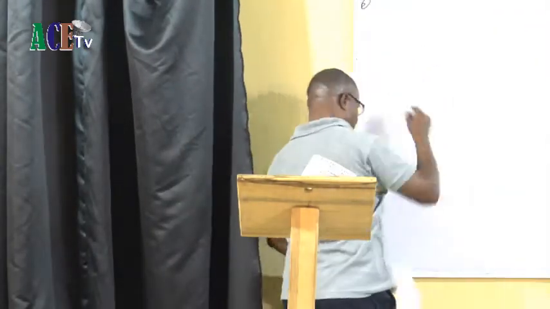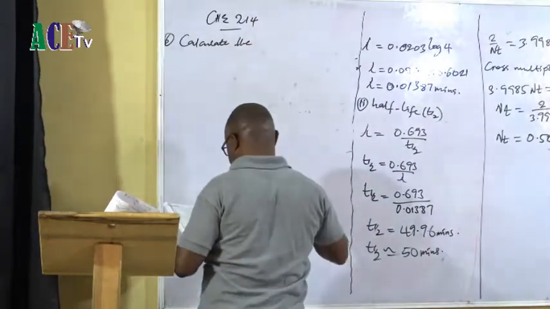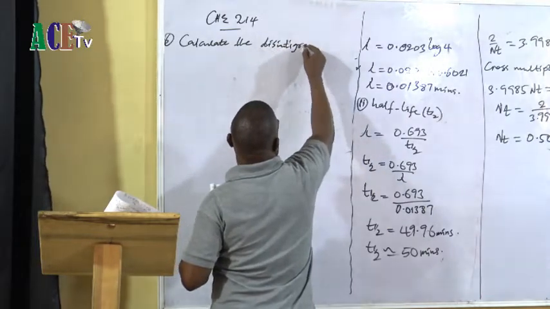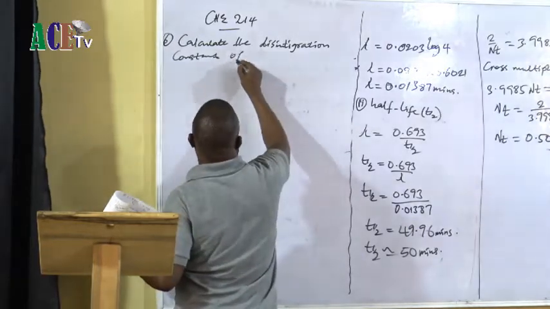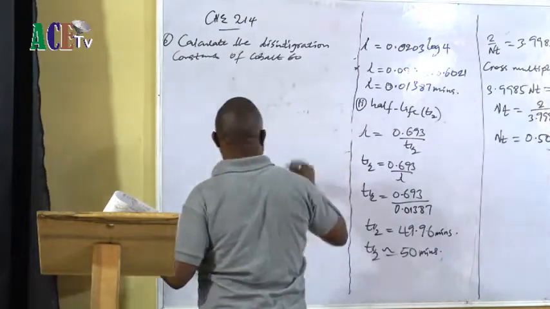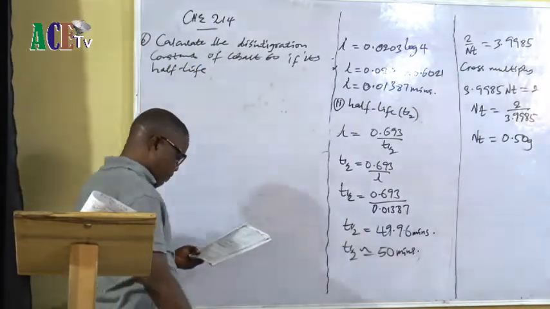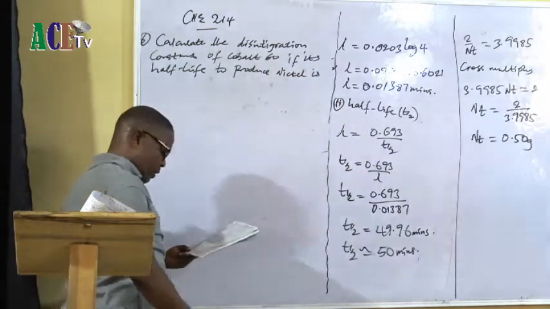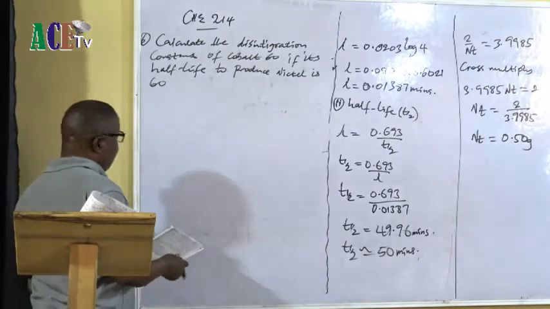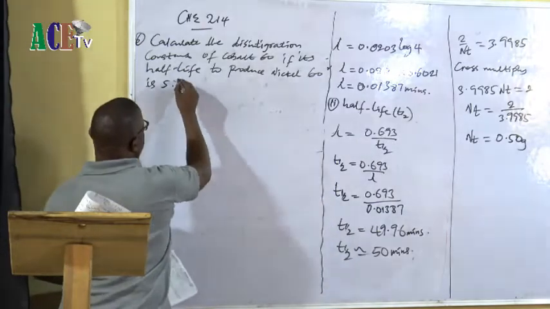So that's that. Let's quickly look at another question, which is question number 6. Calculate the disintegration constant of cobalt 60 if its half-life to produce nickel 60 is 5.8 years.